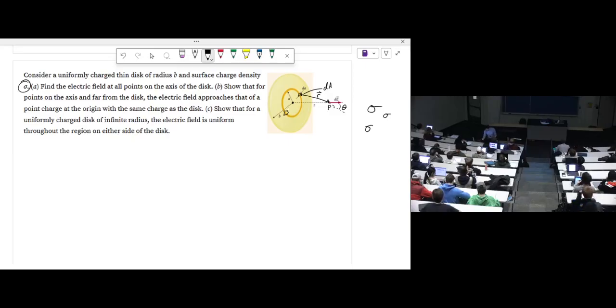So in this case, if we look at what we get here, the differential electric field in the z direction, which is all that's going to end up remaining, is going to be equal to dE times r hat dotted into z hat. And just like we had before, we've got the cosine, dE times the cosine of theta is all we're going to end up needing to work with here.